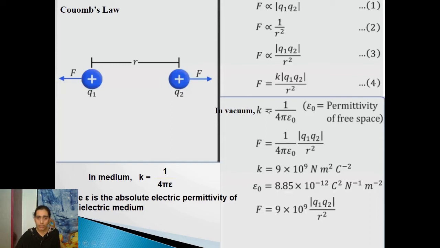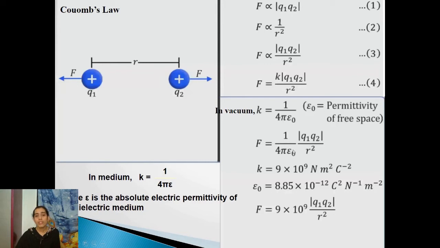where the value of this K, after substituting the values of pi as well as epsilon naught, is as follows. Epsilon naught value is 8.85 into 10 to the power of minus 12 Coulomb square per Newton per meter square. When you substitute this value and also the value of pi, that is 3.14, the value of this whole K will become 9 into 10 to the power of 9 Newton meter square per Coulomb square.